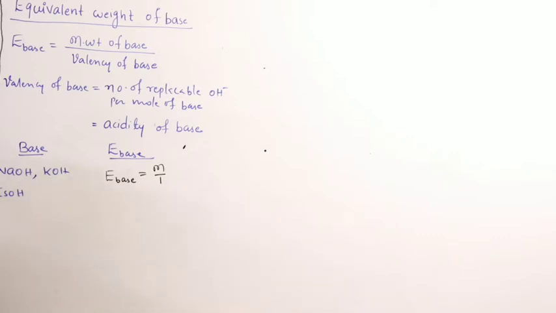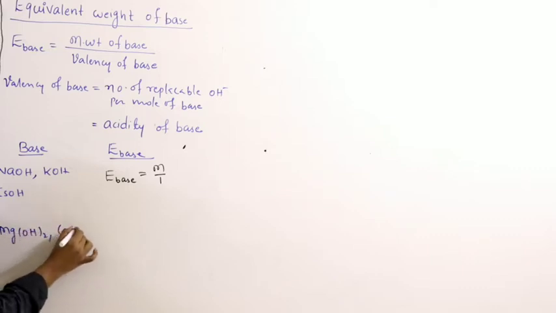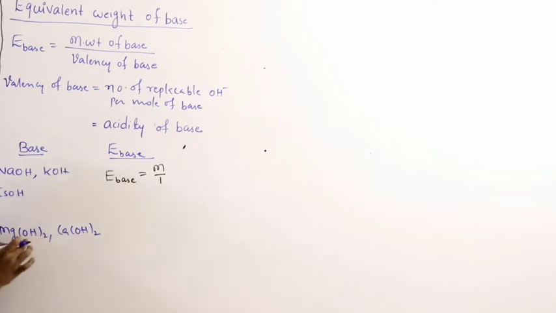Suppose I take a diacidic base, magnesium hydroxide, calcium hydroxide, etc. 1 mole can release 2 OH minus. That means they require 2 moles of H plus ions. So, what is the acidity of this base? They require 2 moles of H plus ions.